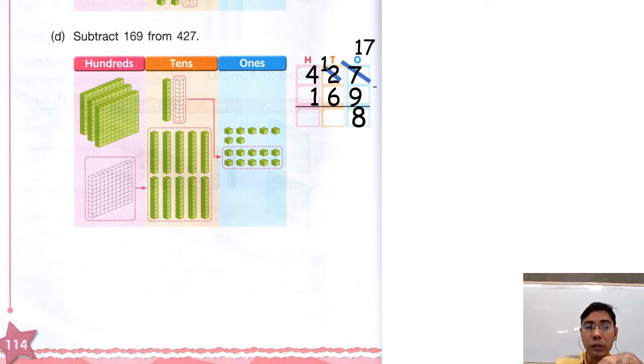Since 2 from the tens place became 1, and 1 is a small number and 6 is a bigger number, so we need to borrow again from our neighbor, hundreds place. So 4 from the hundreds place will become 3. And then 1 from the tens place will become 11.